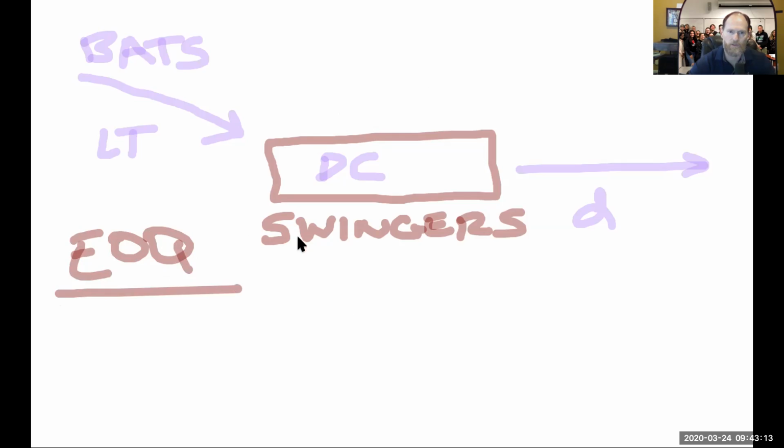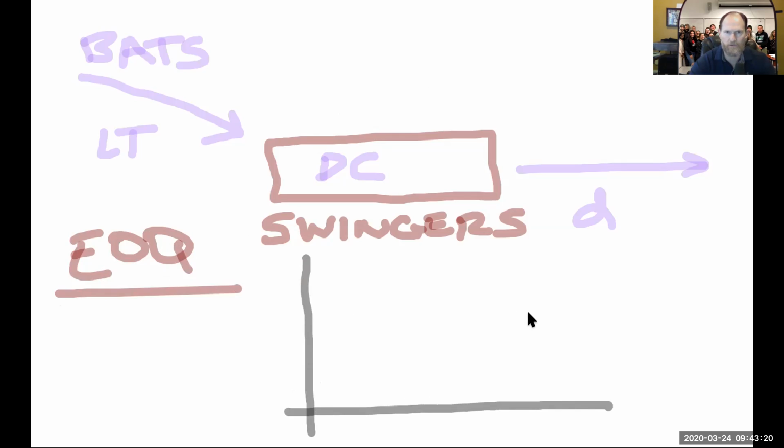With all things operations, we are always trying to minimize cost. Not always, but usually. In some instances, we're trying to do something else, but in this, we're trying to minimize cost. So we have two costs that we're trying to minimize.